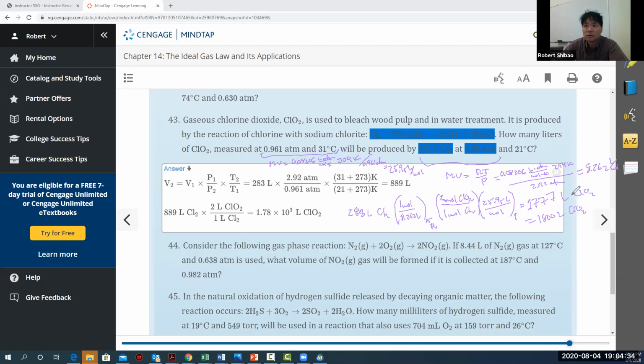Sorry, we're allowed 3 sig figs, so that's 1,780 liters, or 1.78 times 10 to the third liters ClO2.